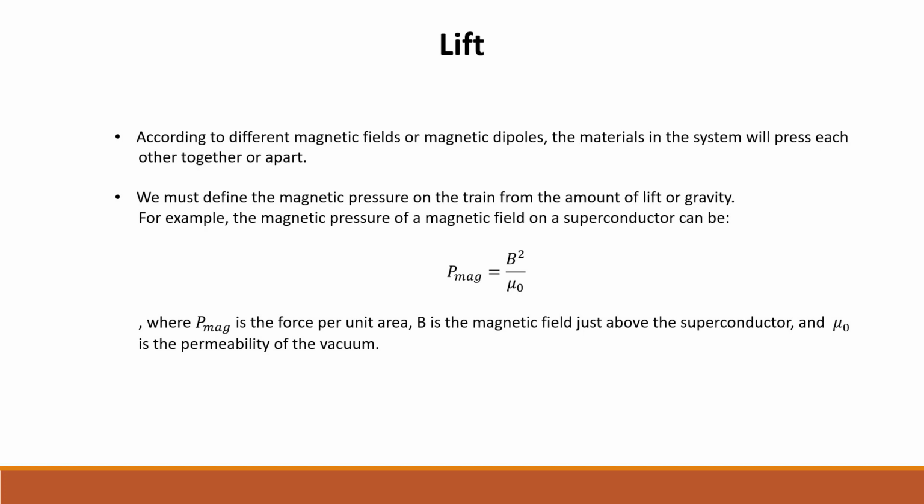The left hand side of the equation is the pressure of the magnetic force, which is the force per unit area, and the right hand side is the square of the magnetic field divided by the permeability of the vacuum.